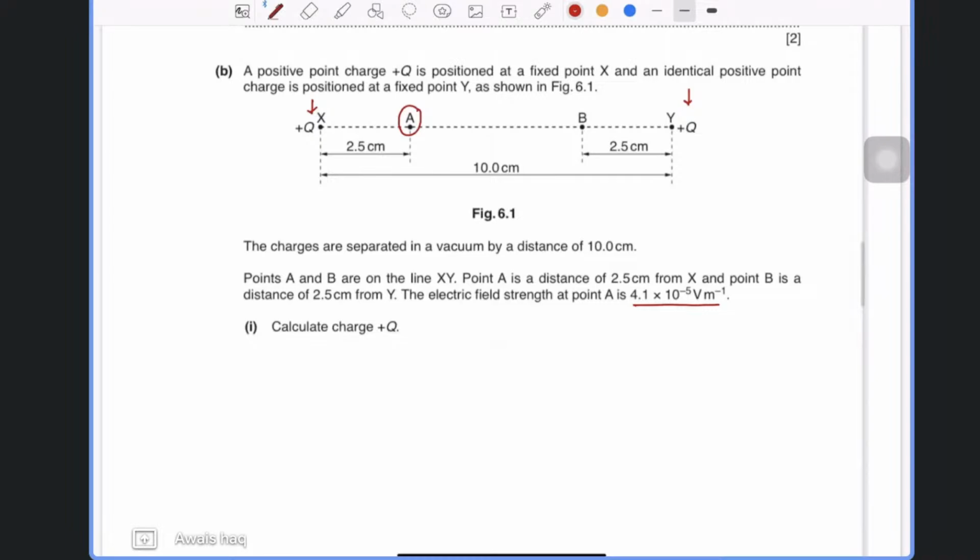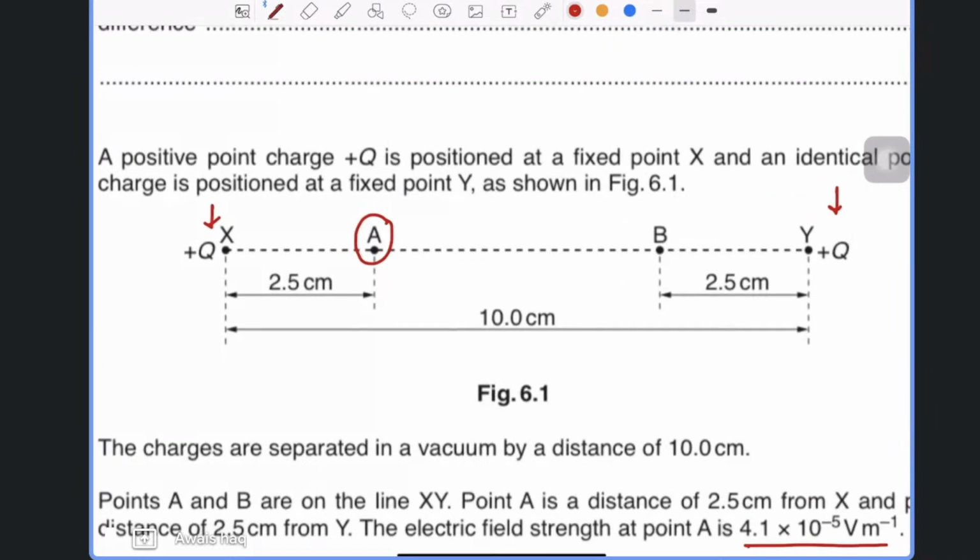Now think carefully here. Because this is a positive charge, the electric field due to x is going to go away like this, and obviously the electric field strength of y is going to be like this, because charges' electric fields go like this. Do you understand that?